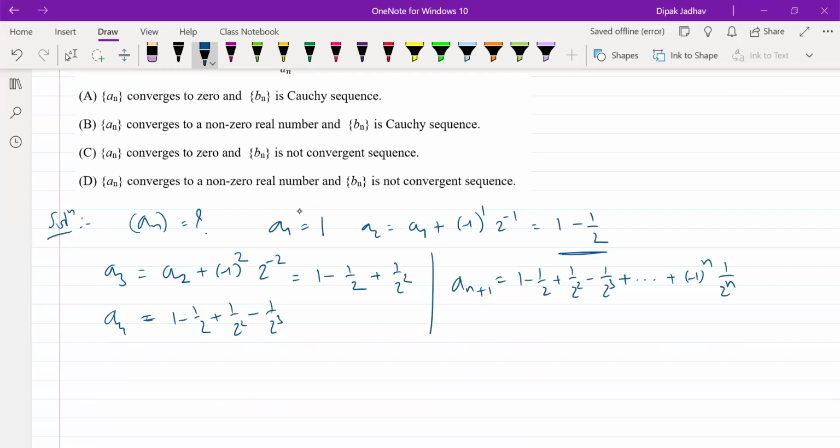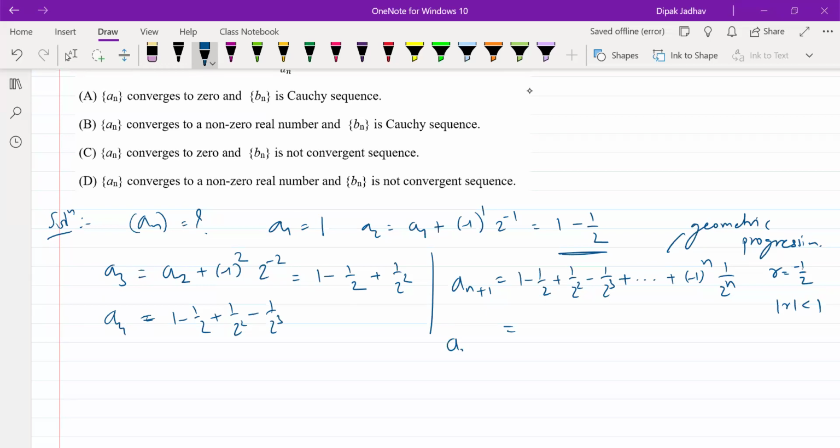What kind of progression is this? Do we have any compact formula for this? Is this a geometric progression? Yes, sir. What is the common ratio? The common ratio is minus 1/2, and the absolute value of the common ratio is less than 1.